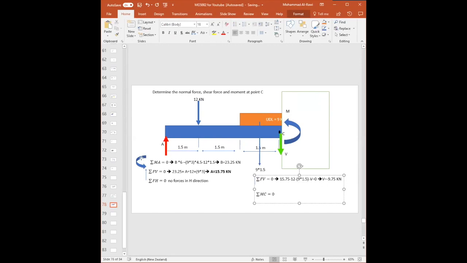Now, I'll assume again that the positive direction is counterclockwise. In the last 3 weeks, I always assumed clockwise. Today, I decided to use counterclockwise just to show you the difference and how it works when we solve it in a different direction, just for a try.